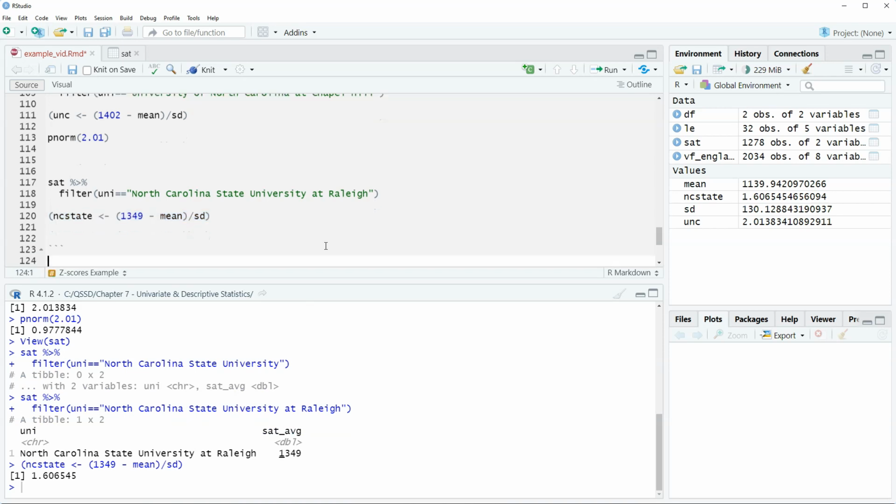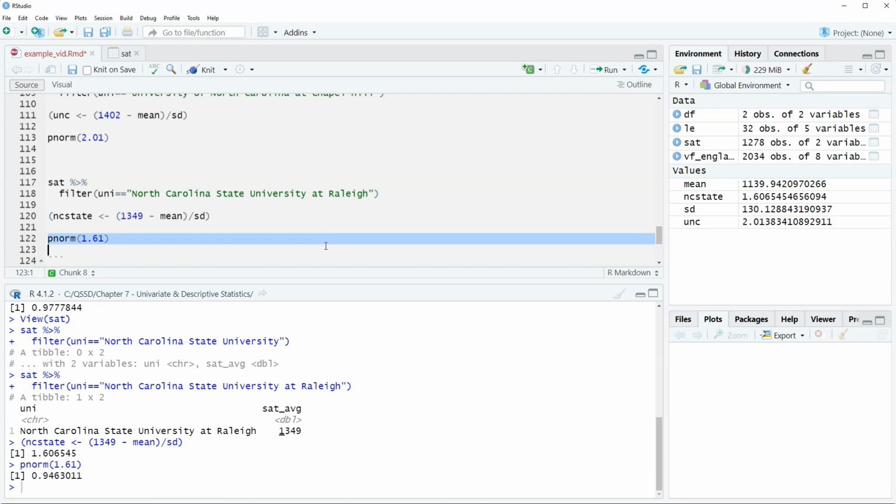Okay, so we get a z-score of 1.61. Let's put that into the pnorm function, 1.61. Okay, so it's 94.6%. So NC State has a higher or the same average SAT score as 94.6% of the universities in the data. All right, so that's it for this video.